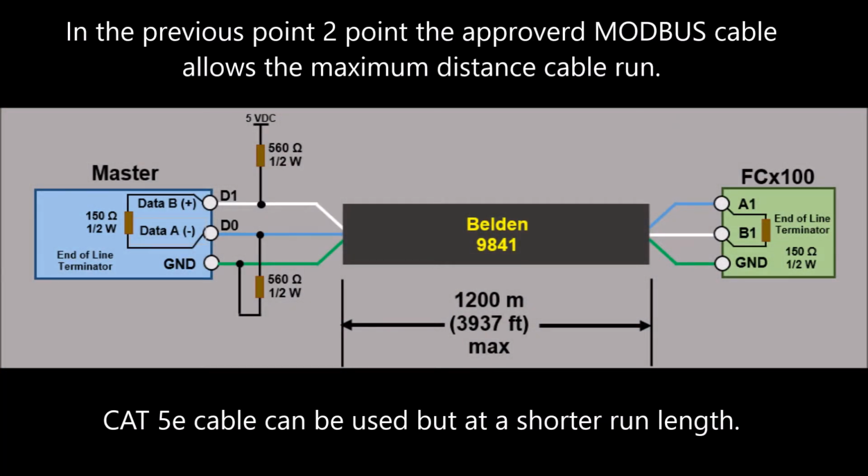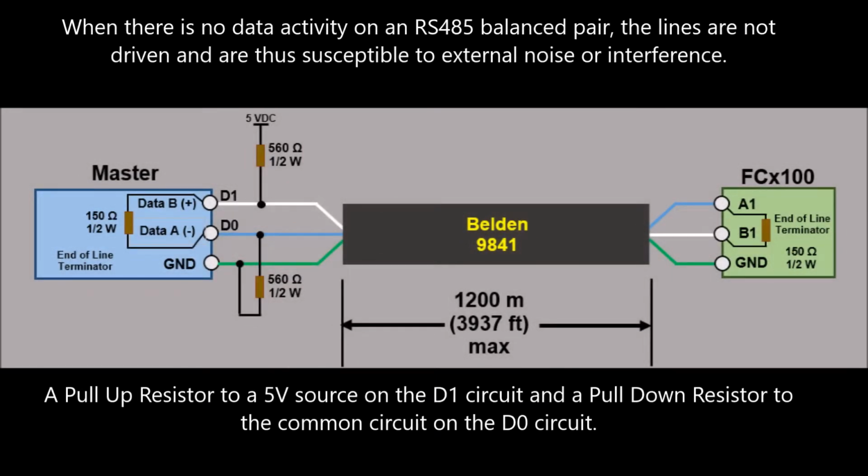As noted previously, the approved MODBUS cable allows the maximum distance cable run. CAT5E cable can be used but at a shorter run length. When there is no data activity on an RS485 balanced pair, the lines are not driven and are thus susceptible to external noise or interference.